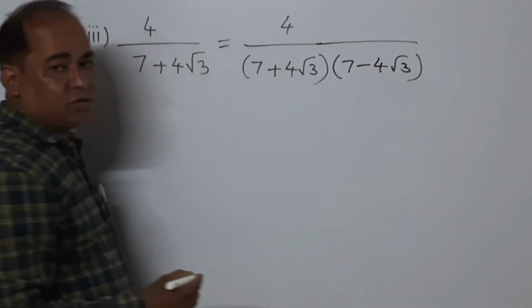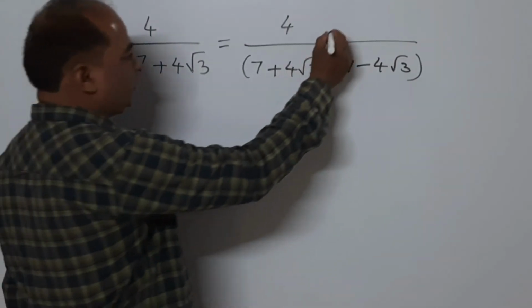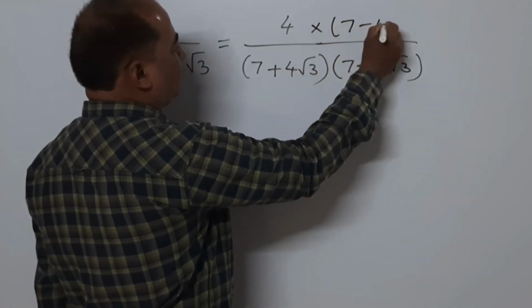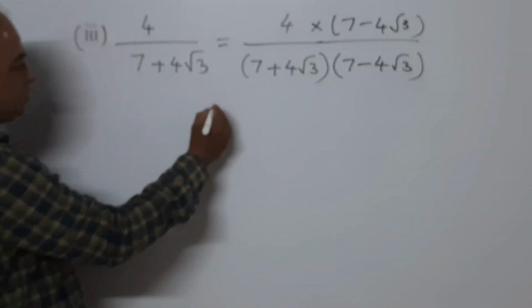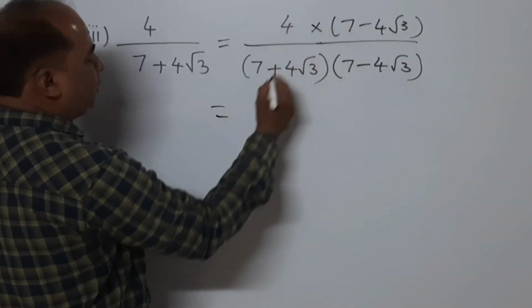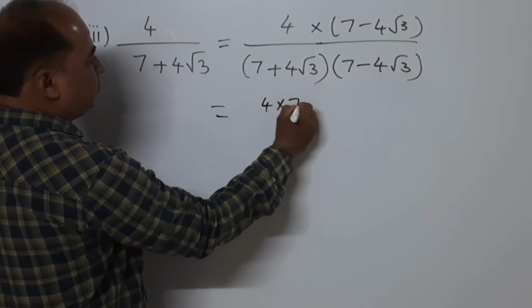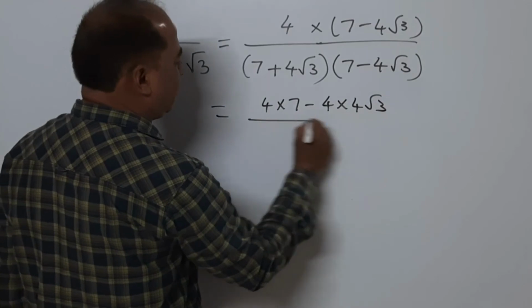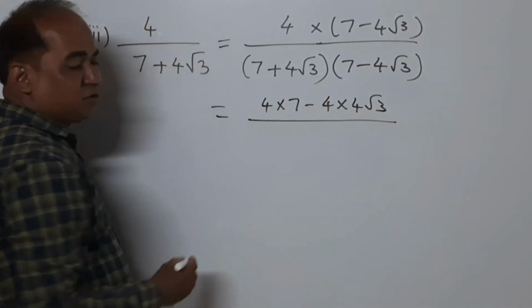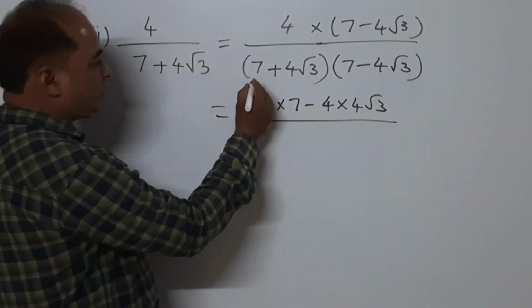So multiplying both numerator and denominator by 7 minus 4 root 3, rationalizing the denominator, we get 4 into 7 minus 4 into 4 root 3 upon, here a plus b and a minus b, we will apply the formula.